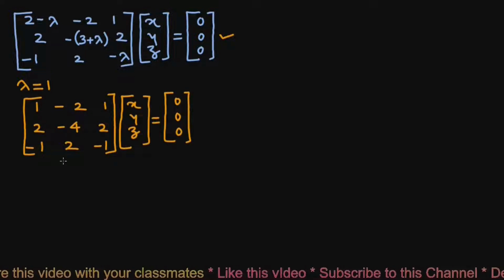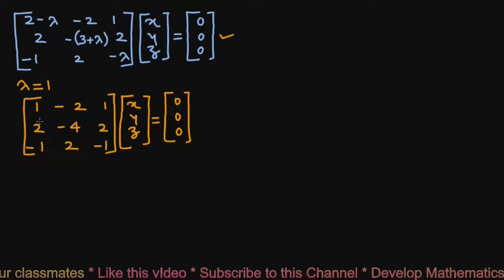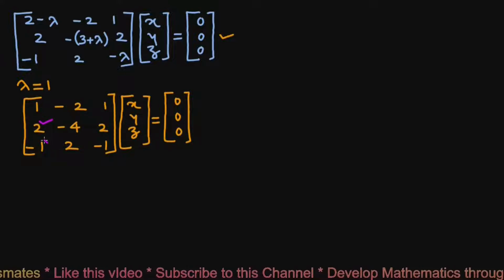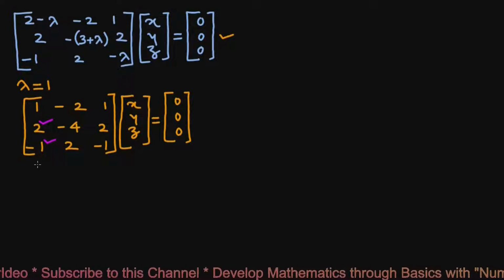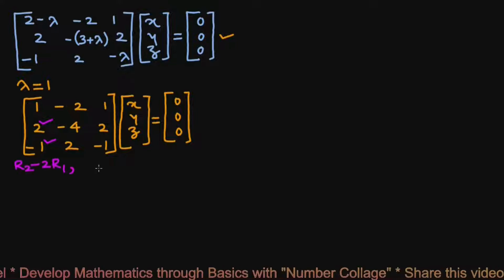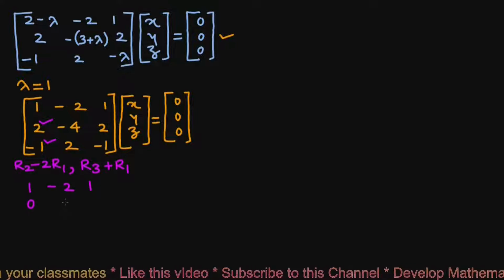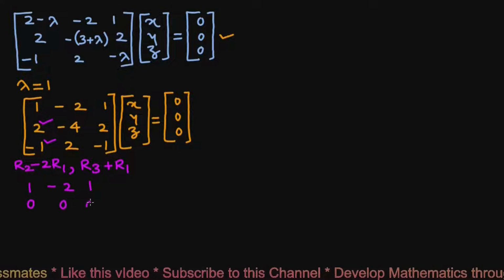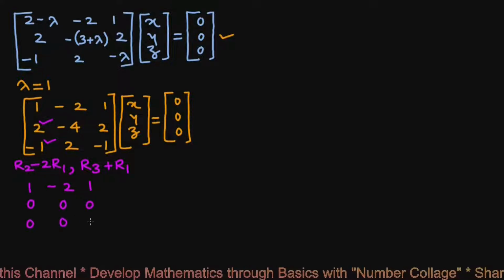We will convert this coefficient matrix into row echelon form by reducing this 2 and this minus 1 to 0. For that, we will apply row transformations R2 minus 2R1 and R3 plus R1. 2 minus 2 is 0, minus 4 plus 4 is 0, 2 minus 2 is 0, minus 1 plus 1 is 0, and the same for the third row.